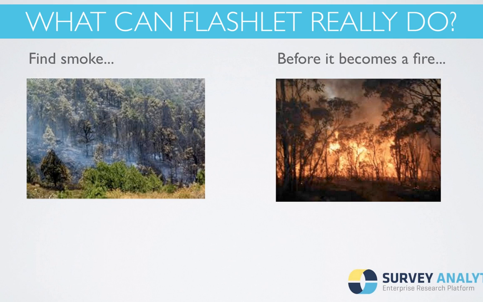We are not going out and saying, look, this is going to solve all your problems. It's not going to solve all your problems. In fact, what it is going to do is find the smoke, as it says over here, before it becomes a fire. So that's one of the things that an ongoing employee feedback system can do for you.